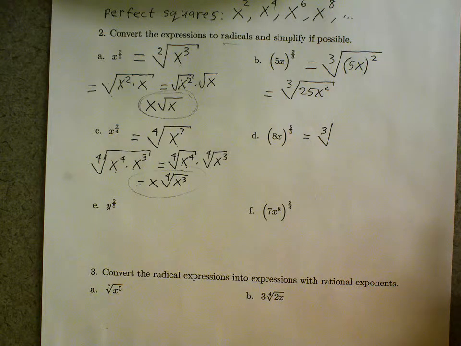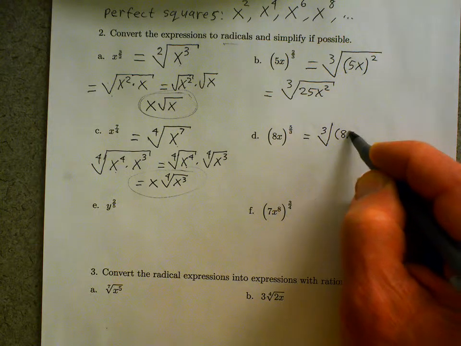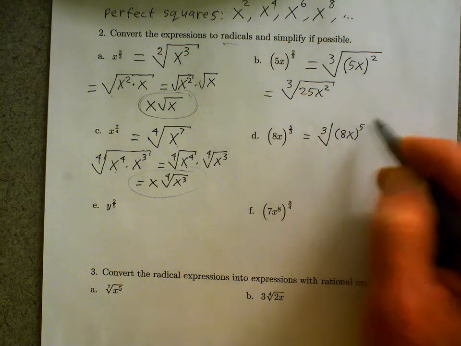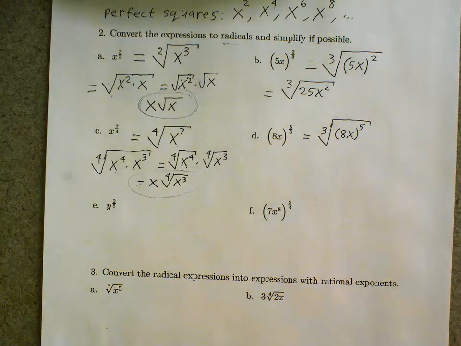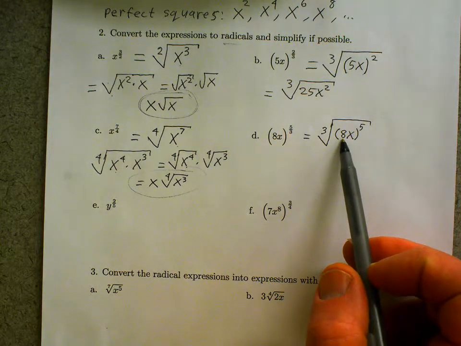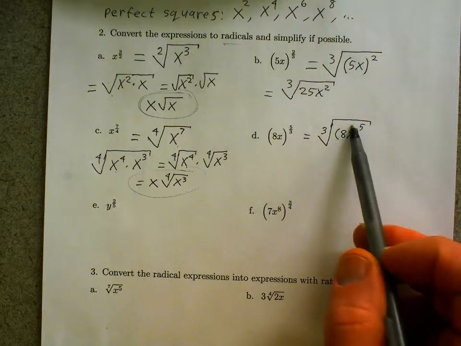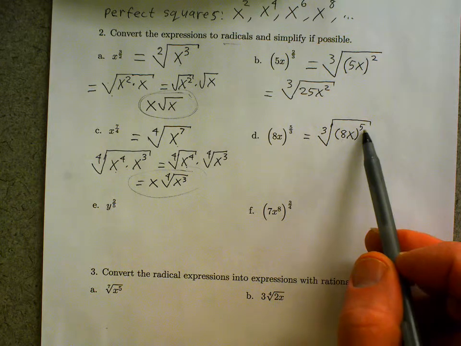So the index of the radical is 3. And then we have the term 8x to the 5th. So on this one, let's just leave 8x in parentheses to the 5th.